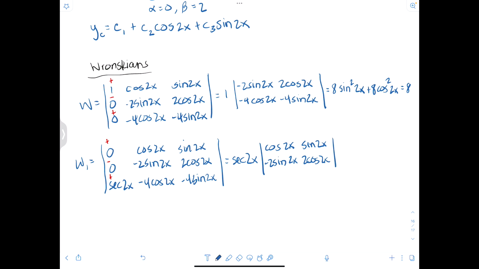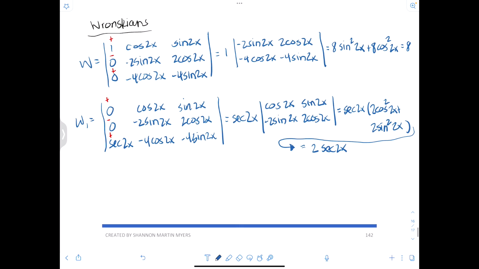Now that's going to give us secant 2x times 2 cosine squared 2x plus 2 sine squared 2x. And that, again, if you factor out the 2, it'll just be equal to 2 times secant 2x.